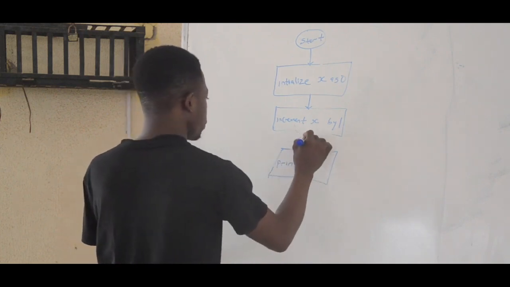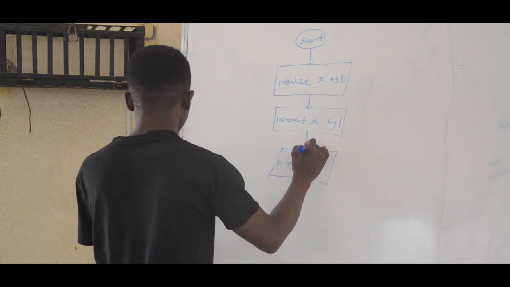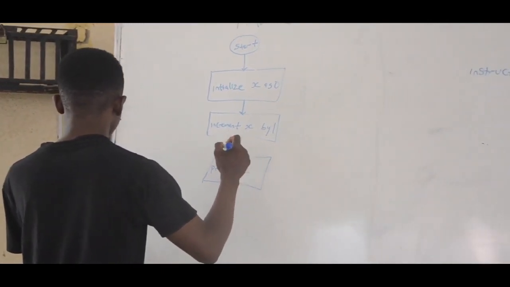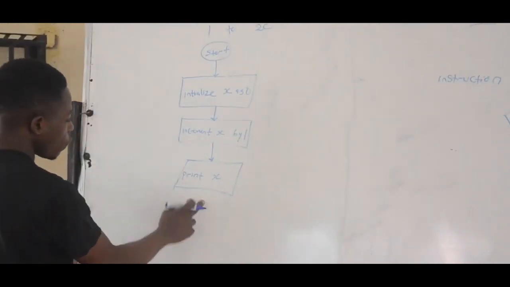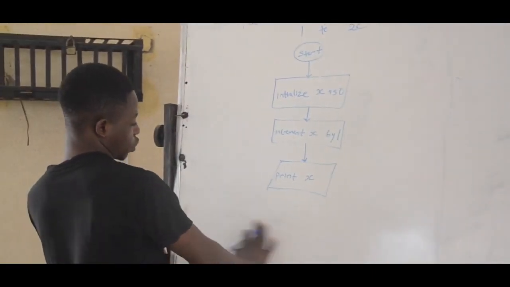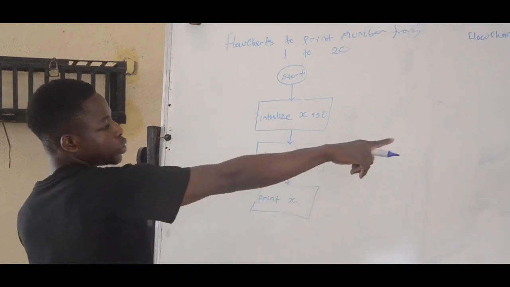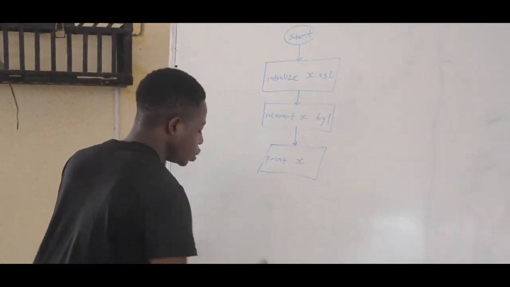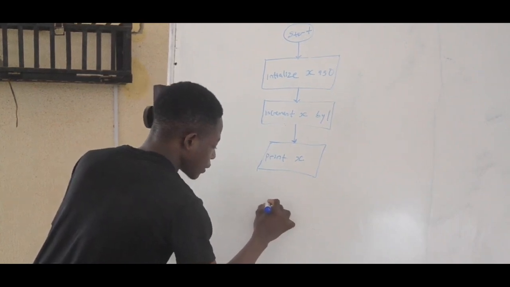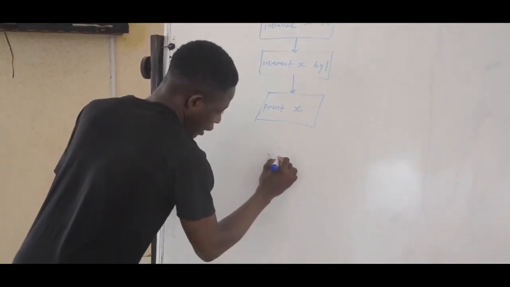Now, we print x, but the other time we talked about something like a loop that we really have to stop. So for this to continue, because we want to loop, we have to use a decision. The other time I drew a diamond, we have to use a decision. So we now say x is less than 20.